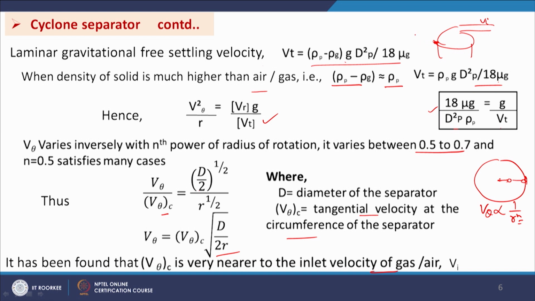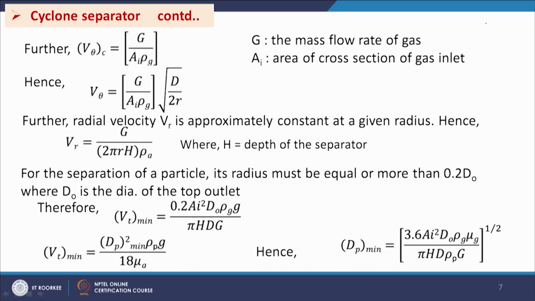So, the V theta value will be similar to that, V theta c will be equal to V I, but if the position is inside any place, then it is not. So, only at the circumference the V theta value, that is V theta c, is equal to V I. This is one approximation, and it has been found that these values are very near to each other.